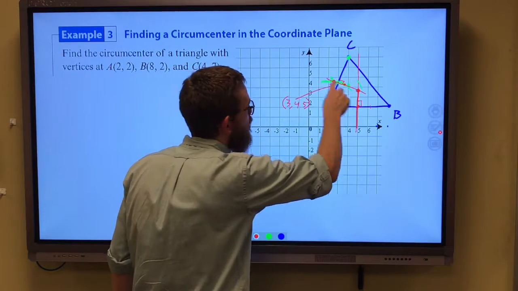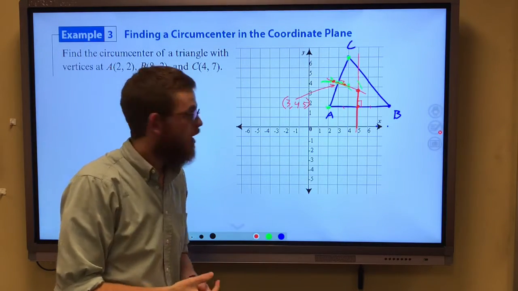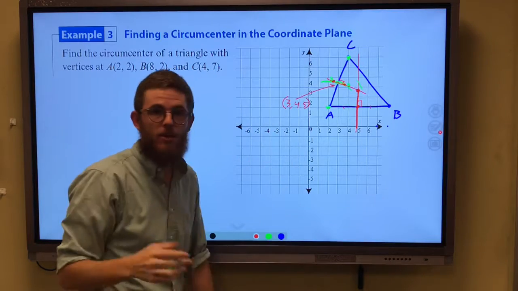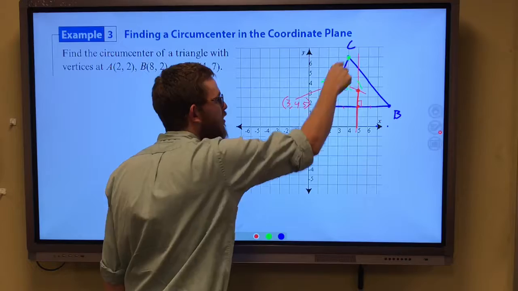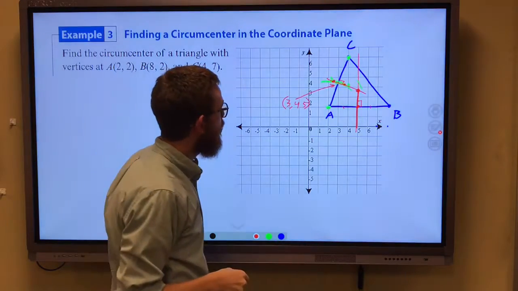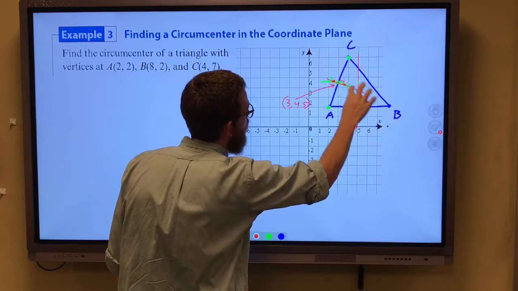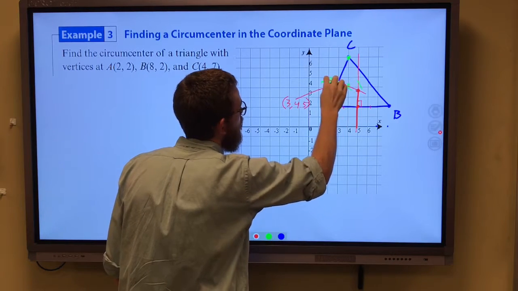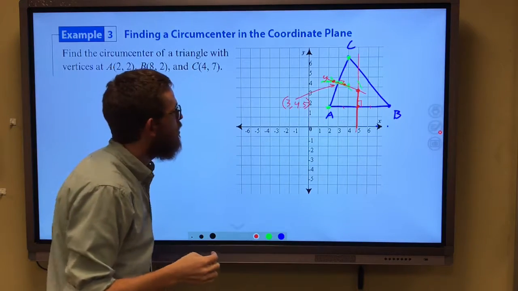Okay? Well, we can calculate the equation of that line right there. The equation of that line is going to be the equation of the line that goes through this point but is perpendicular to that blue line right there. So, I'm going to let this line right here, think of this line as being line y.